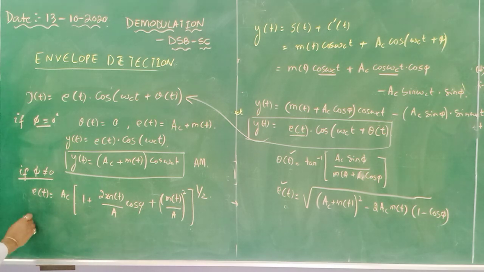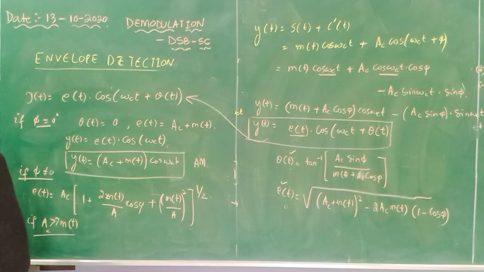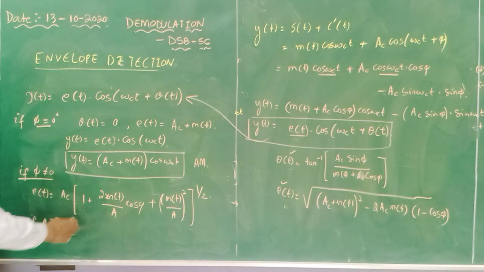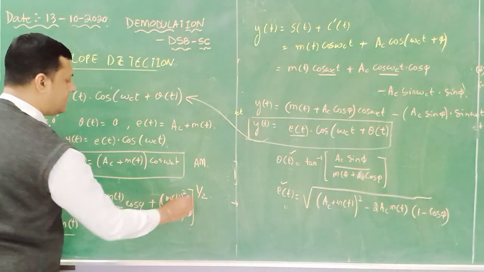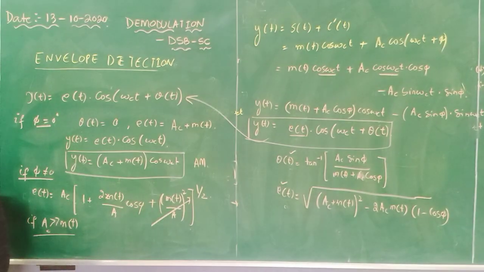Now if A is very much greater than m of t, meaning the amplitude of the carrier is very much greater than m of t, we can neglect this term, because the resultant will become negligible.